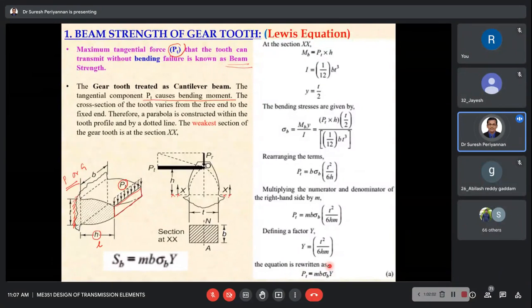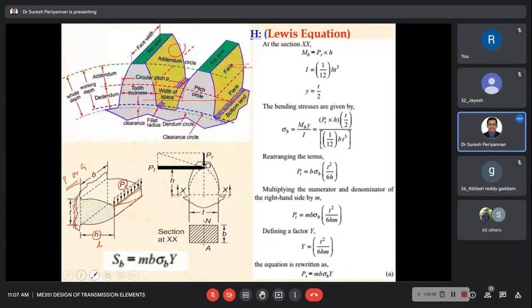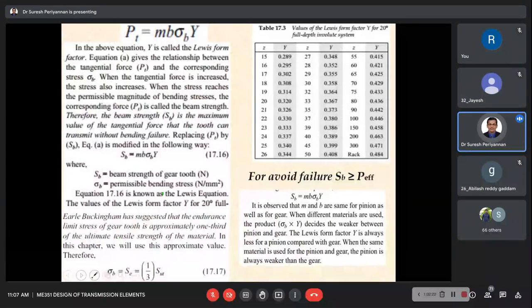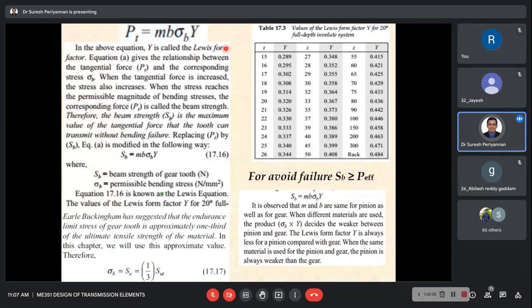This is a very important equation. If you have any doubt, I would like to explain; that is why I put this figure here. Now PT is equal to m b sigma b y, where y is called our Lewis's form factor.